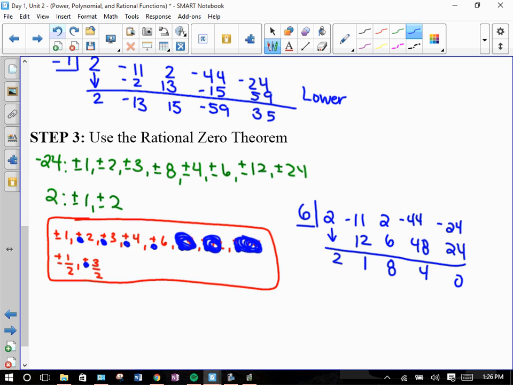Cool. I now know 6 was an upper bound as well. We probably could have started with 6. We see this is an upper bound as well because they are all non-negative. So 6 is a zero, and it's an upper bound.